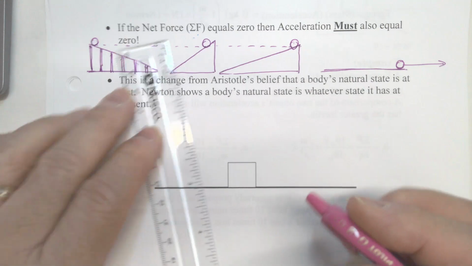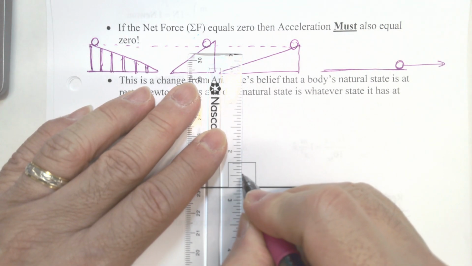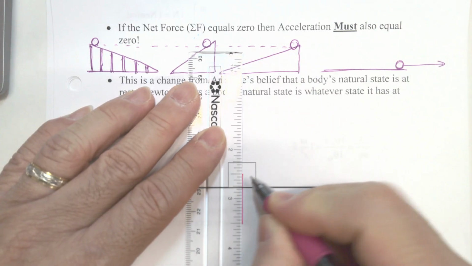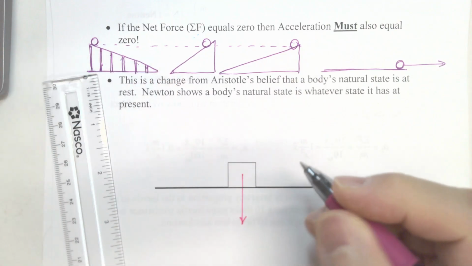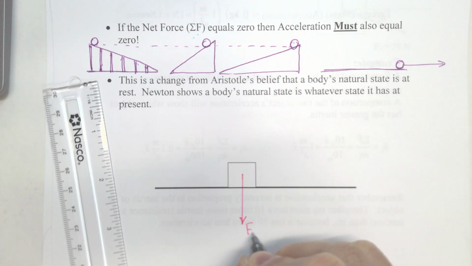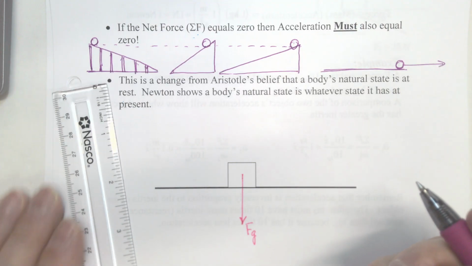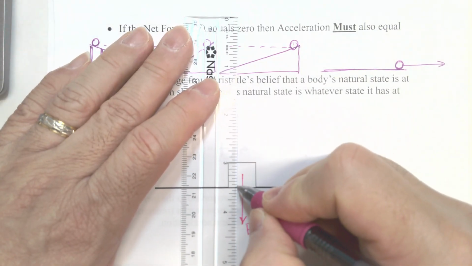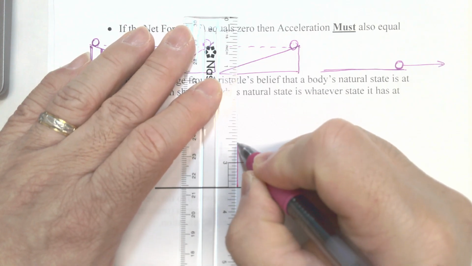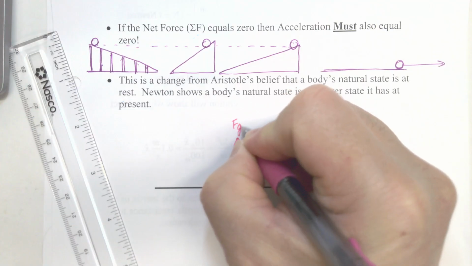Here, we cannot escape gravity, the gravitational pull by the Earth on this object. We're going to call that Fg. Then, there's gravitational pull by this object on Earth. That is Fg prime.